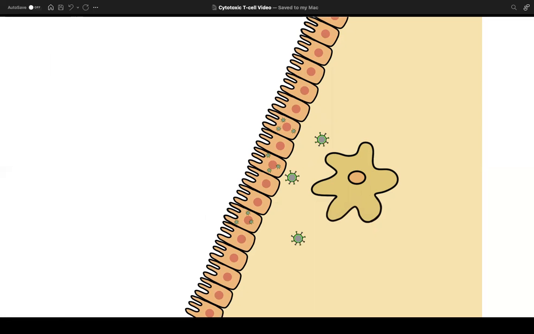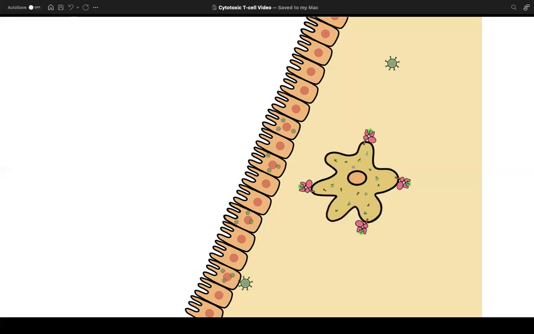infect other cells. Thankfully, we've got some dendritic cells and macrophages in the area that can consume, ingest, and destroy these viruses so that they can then present those antigens onto MHC1 molecules.